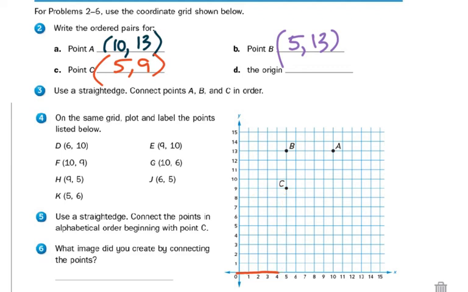And lastly, the origin means the starting point, and that would be right there, which would be 0, 0. Use a straight edge, which is a ruler or the side of a notebook. Connect points A, B, and C in order. So we start with A, connect it to B, connect it to C.